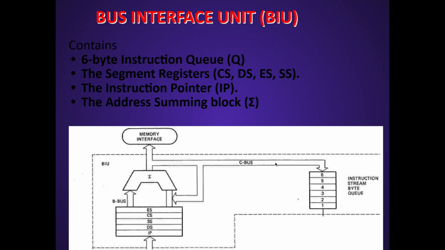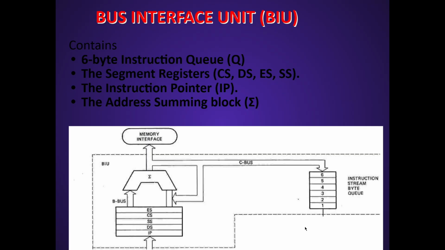Now, what are these C bus, B bus and A bus? These buses are the channel to transfer the instruction from one register to the other, or from one queue to another, like from this instruction queue to the instruction stream byte queue. So it transfers through these buses.